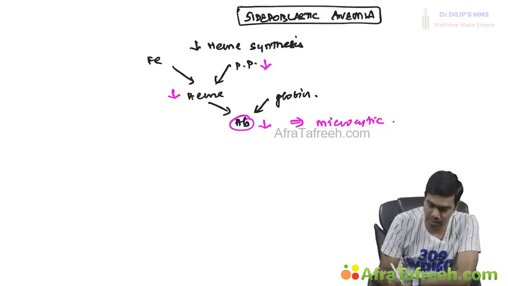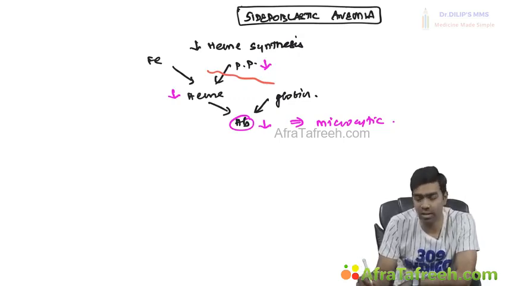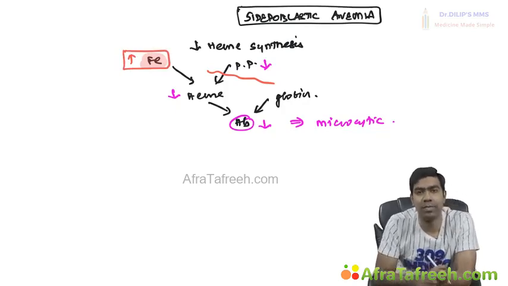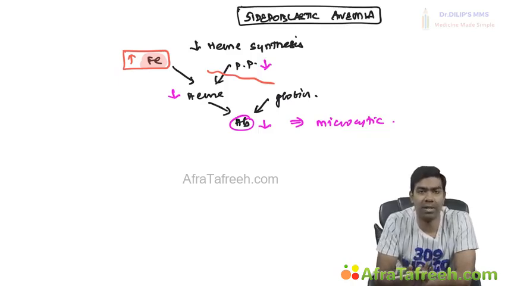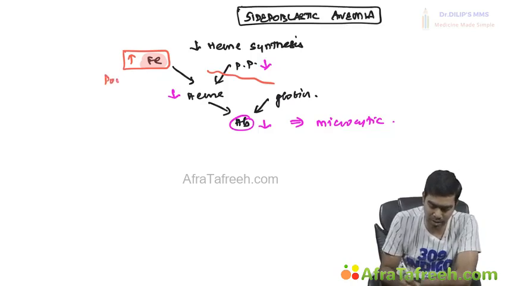So the blockade is somewhere here, because of reduced protoporphyrin, and because of that you have a heme synthesis deficiency. So the iron within the RBC precursors and the RBCs will increase. Actually, this is because of poor utilization of intracellular iron.